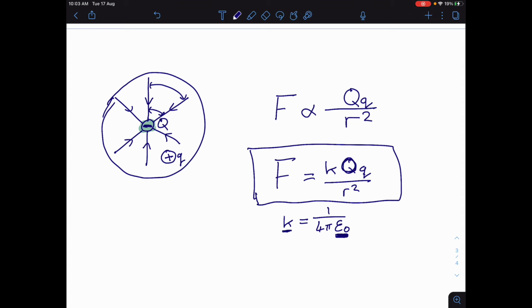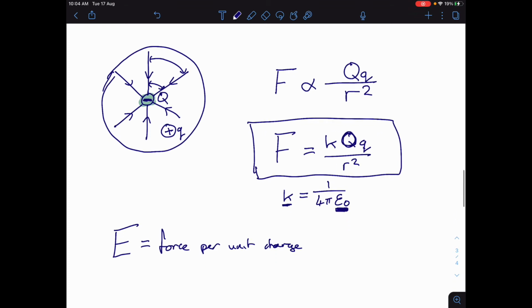Now, there's something slightly different from the electric force, and that's the electric field strength. The electric field strength is the force per unit charge. You can draw parallels again with gravity, because electric field strength is force per unit charge, and gravitational field strength is force per unit mass.